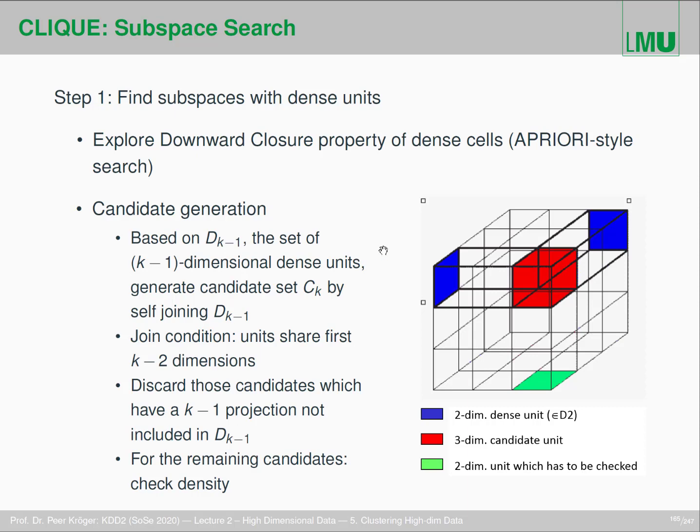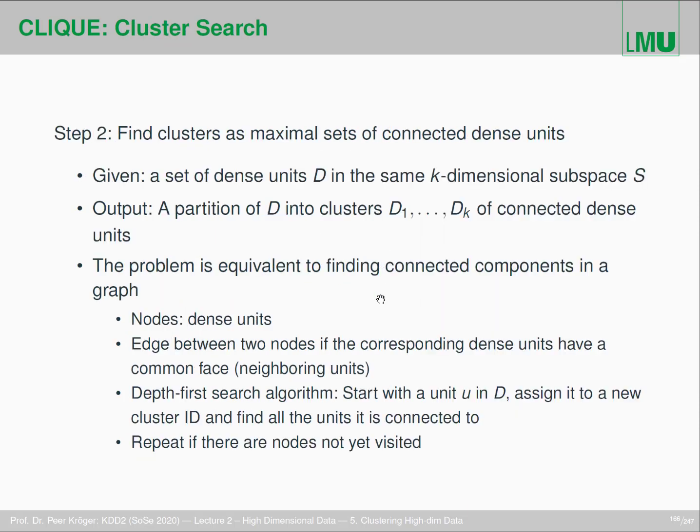So having all the dense grid cells, in the second step CLIQUE finds clusters as the maximal sets of connected dense units. So given a set of dense units in the same k-dimensional subspace, this second step outputs a partition of the dense units into clusters of connected dense units.